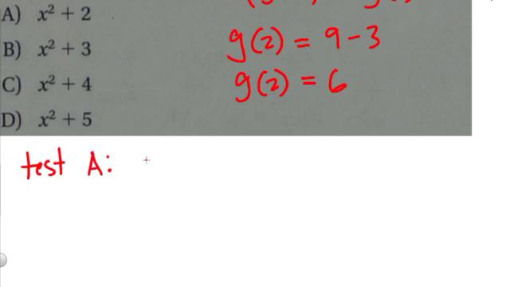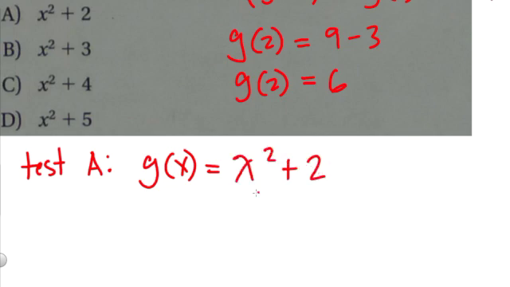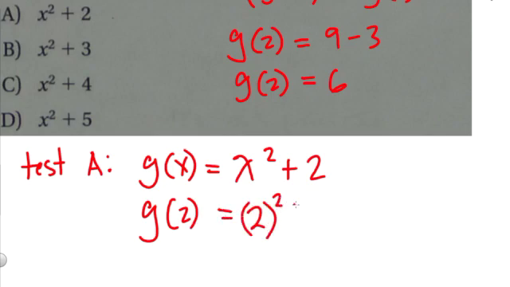We're going to test A: if we have g of x is equal to x squared plus 2, it should satisfy g of 2 is equal to 6. So let's replace x with 2. Should be equal to 2 raised to 2 plus 2.